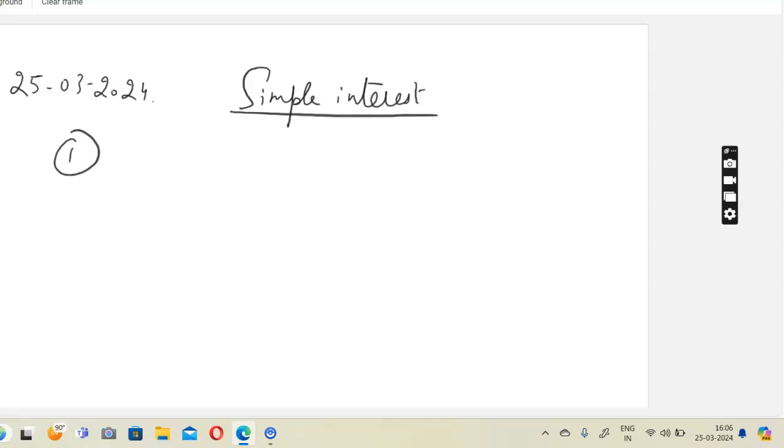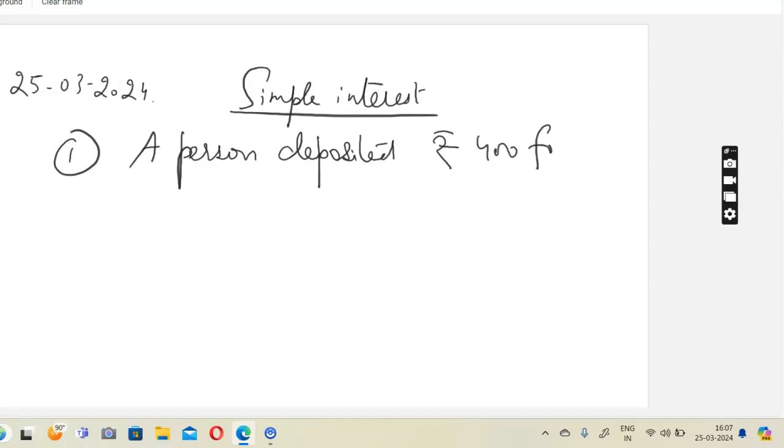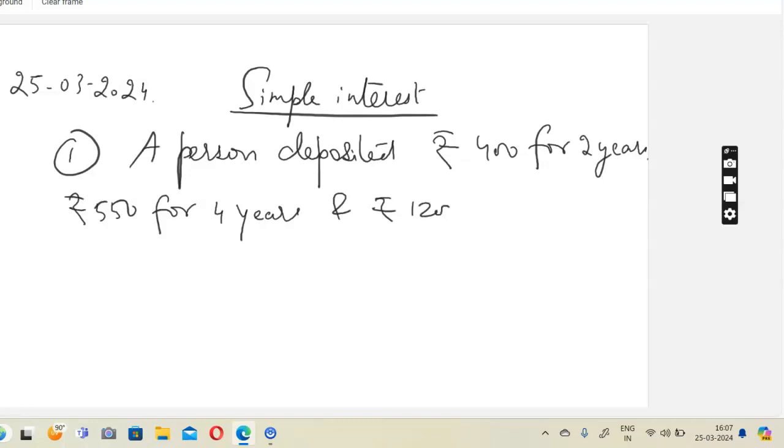So the first one: a person deposited rupees 400 for 2 years, rupees 550 for 4 years, and rupees 1200 for 6 years.